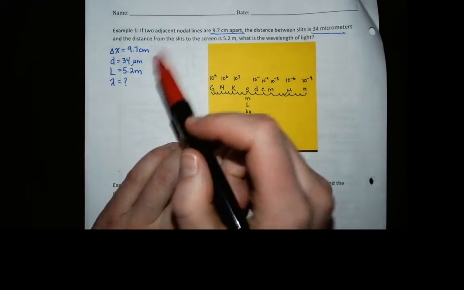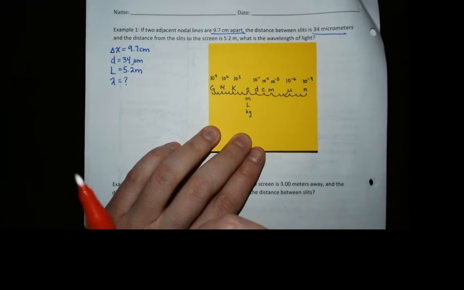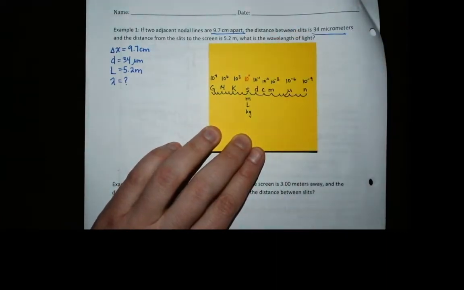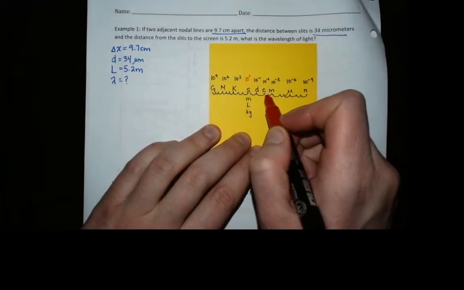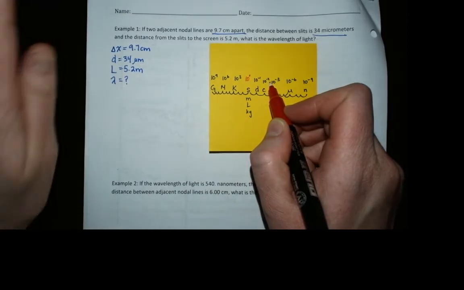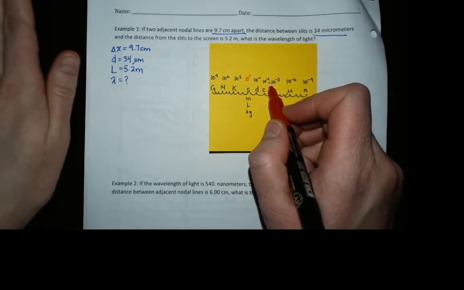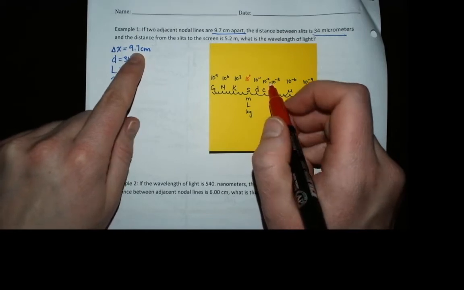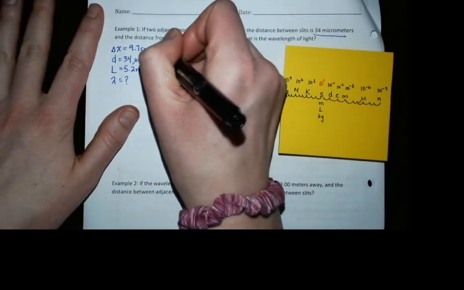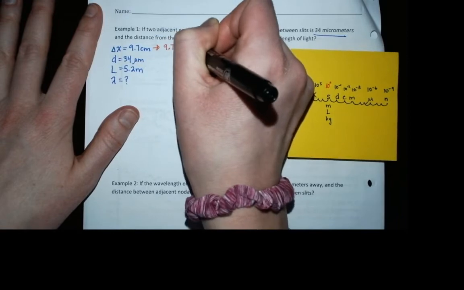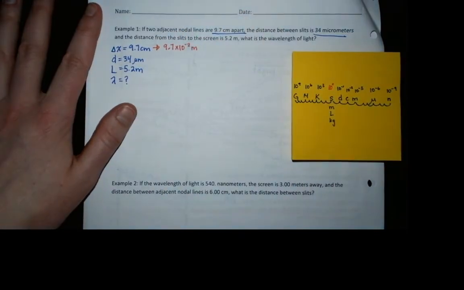We're going to convert centimeters to meters. From the standard, that's just 10 to the power of 0. Centimeters are represented by 10 to the power of negative 2. Instead of moving my decimal off the bat, I'm just going to multiply by 10 to the power of negative 2, and that will represent centimeters. So 9.7 centimeters is really 9.7 times 10 to the power of negative 2 meters.